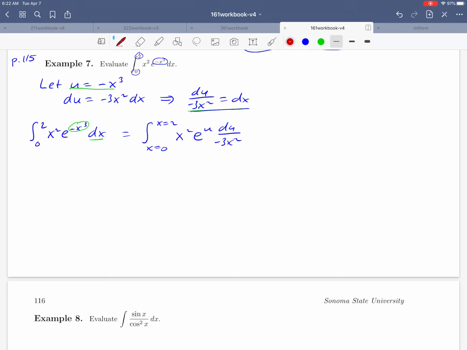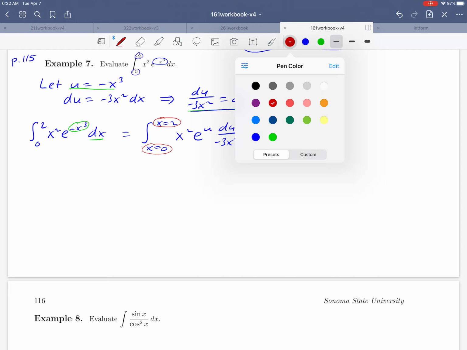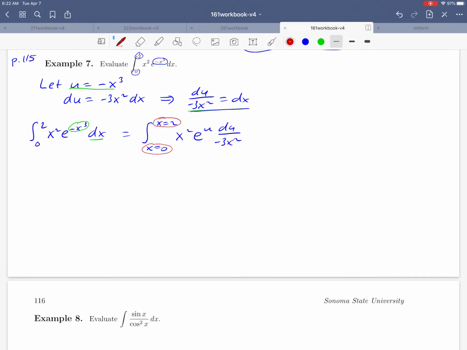Okay, and if you're wondering why I wrote x equals 0 and x equals 2 rather than just 0 and 2, the reason is to remind ourselves that those numbers are values of x. Our integral now has two variables in it, x's and u's, and so it's nice to know what the 0 and the 2 represent.